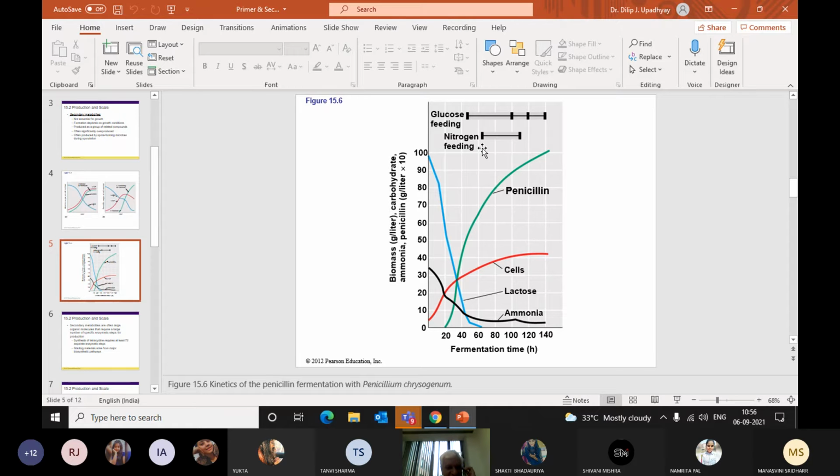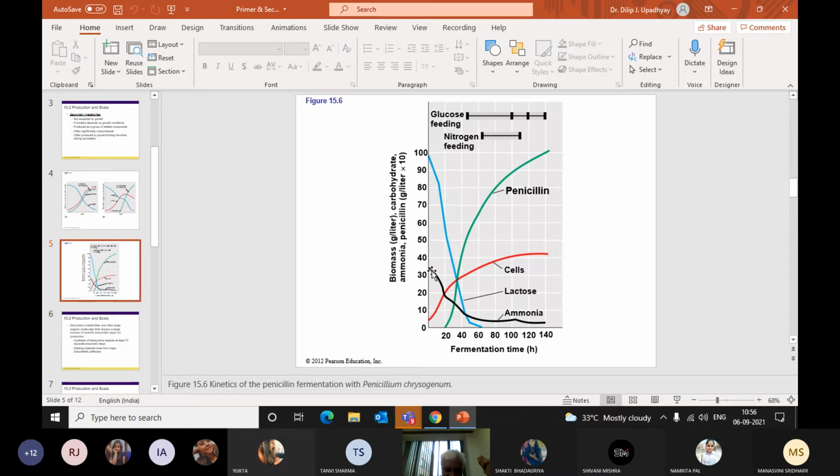Can you see nitrogen feeding and all that? Don't worry about it. That is too deep. But just see the black color line, and you can see the nitrogen source, that is ammonium nitrate, which is getting depleted and which is being measured using the probe. Somebody in class during the fermentation construction asked me what these probes and sensors are. The ammonia sensor is one of the very good sensors, very sensitive.